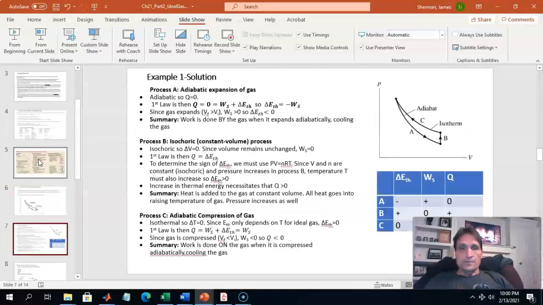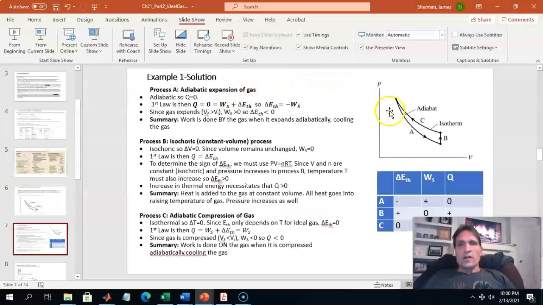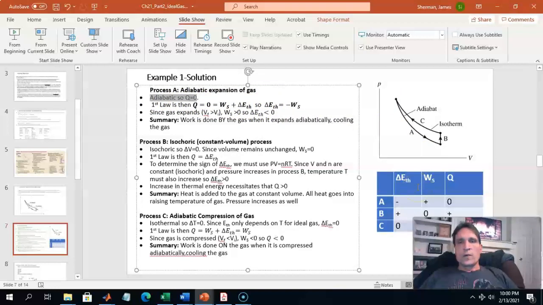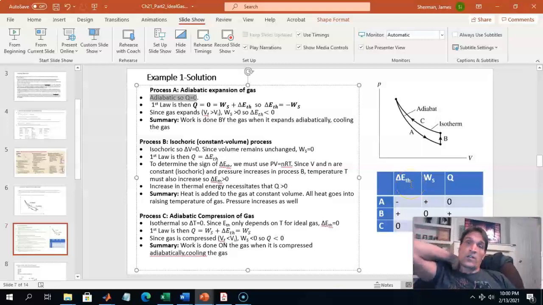For each of the three processes, process A, B, and C, which comprise the cycle, we applied the first law of thermodynamics along with the type of process. For example, A is an adiabatic process. So we applied that to determine the sign of the heat added, the sign of the work done by the system, and the sign of the change in the internal energy.